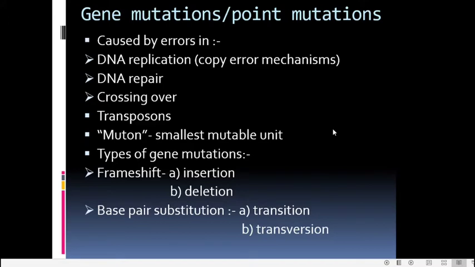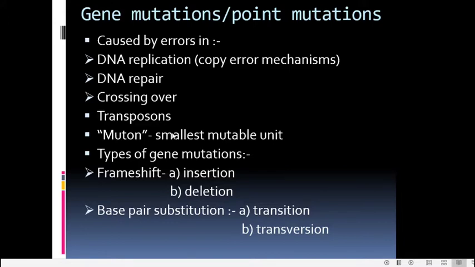And since they occur at certain specific loci on the chromosomes or gene loci, they are also called intragenic mutations or point mutations. And there are many processes which give rise to spontaneous gene mutations. Some may be DNA damage, defective repair of DNA, and errors during DNA replication, the insertion or excision of transposable elements, or the jumping genes which change their locus from one point to another point of a chromosome or another chromosome.